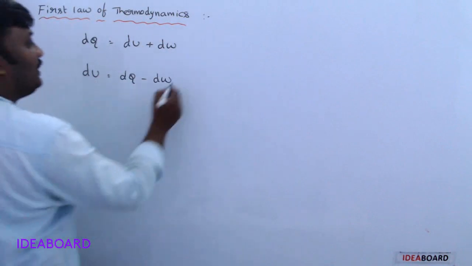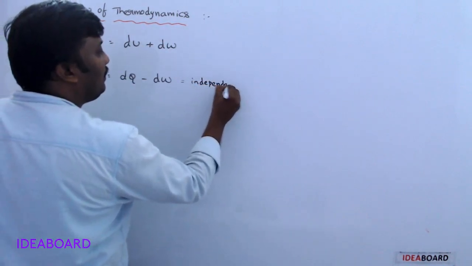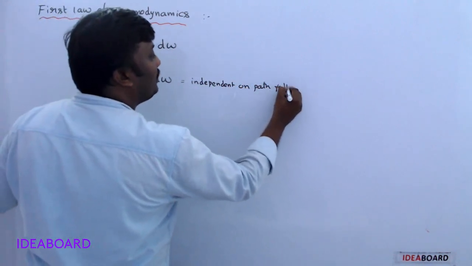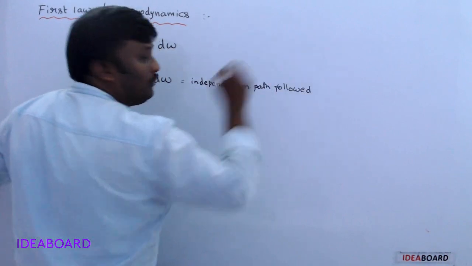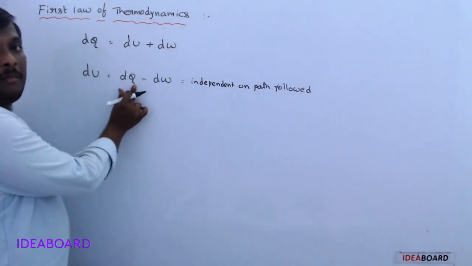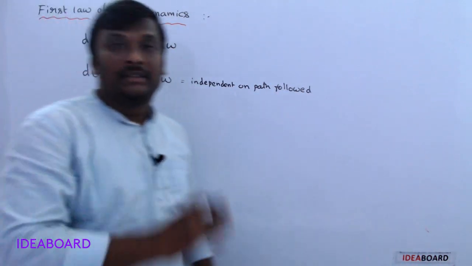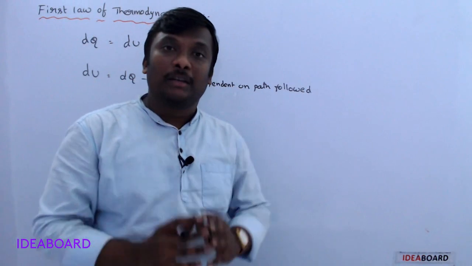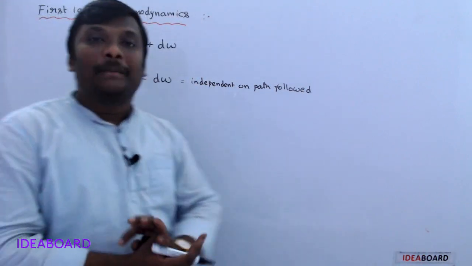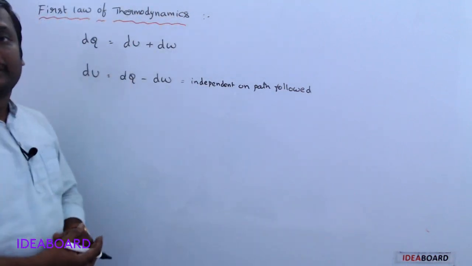So du is independent of the path followed. dq depends on the path, dw also depends on the path. Both depend on the path, but dq minus dw is again independent of the path followed, because this value is equal to the internal energy.